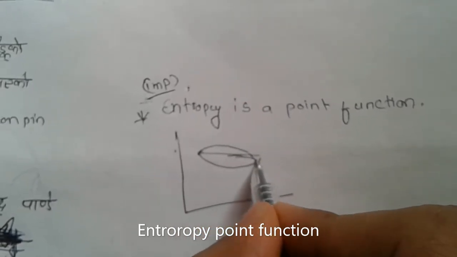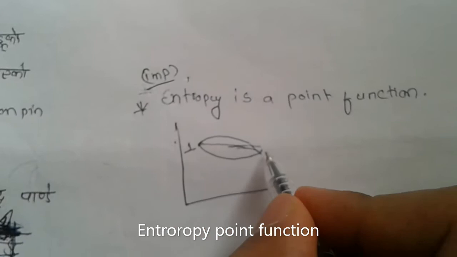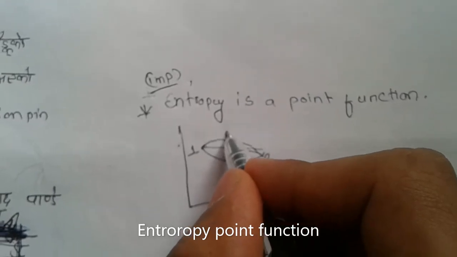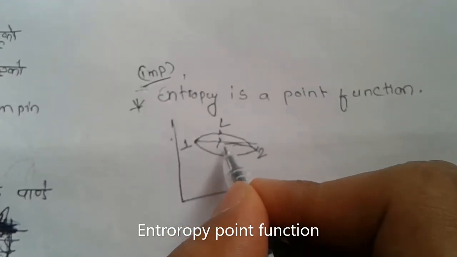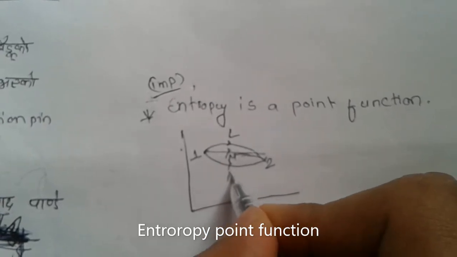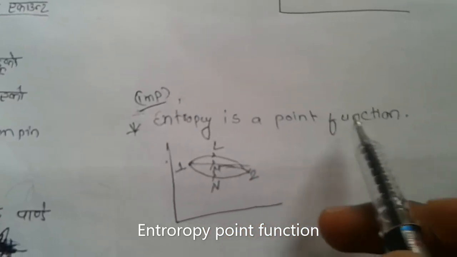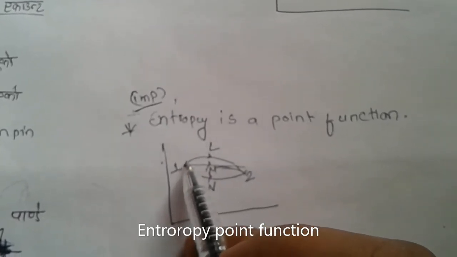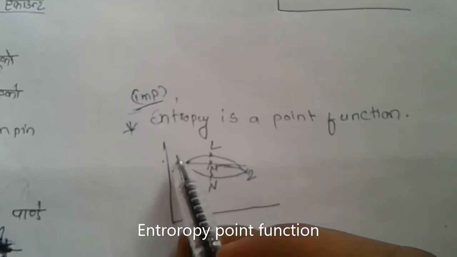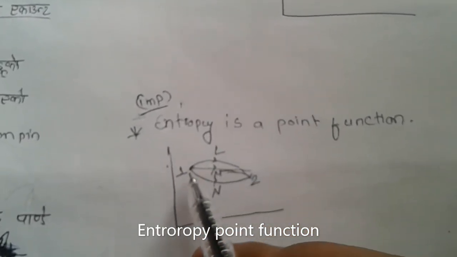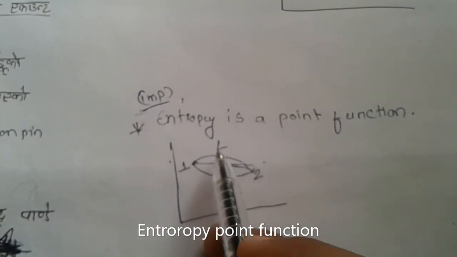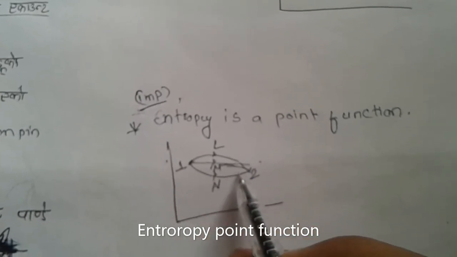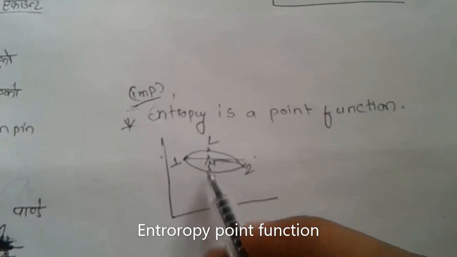We give this point as initial point 1 and the final point as 2, and this path we take L, this path we take M, and this path we take N. To prove that it is a point function, it must depend only on the initial and final points, and it doesn't have a relation with the path, that is L path, M path and N path, or the area associated with the paths.